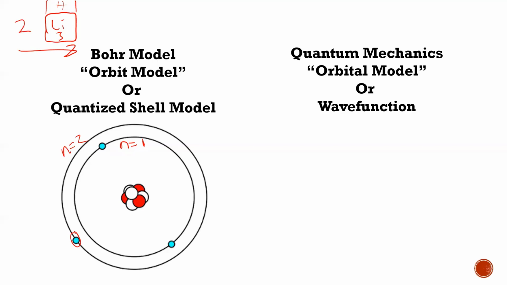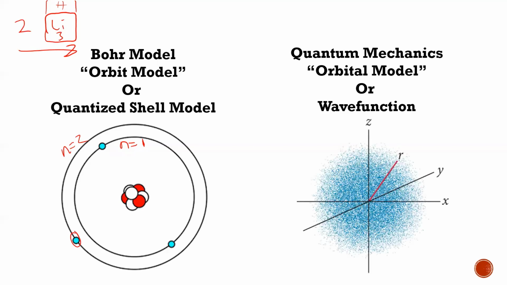So that's when we have to go to the more widely accepted quantum mechanics theory, which, instead of fixed orbits, has probability maps, which are orbital models, where the density of the dots shows the likelihood of finding an electron in a certain region of space. That is a wave function, and that's what the orbitals in the quantum mechanical model describe. But again, I'm getting ahead of myself.